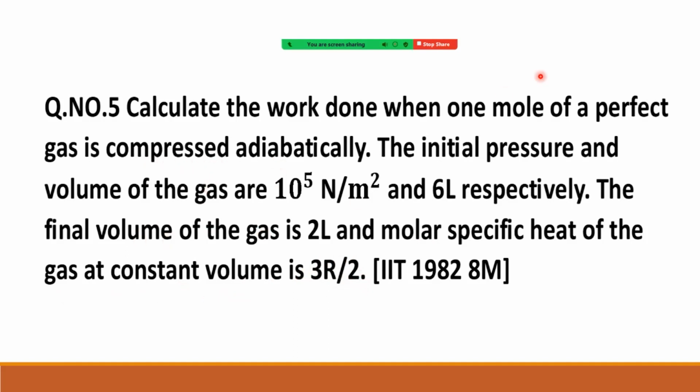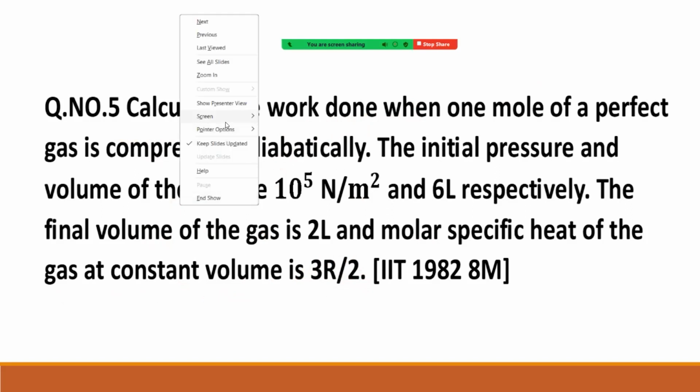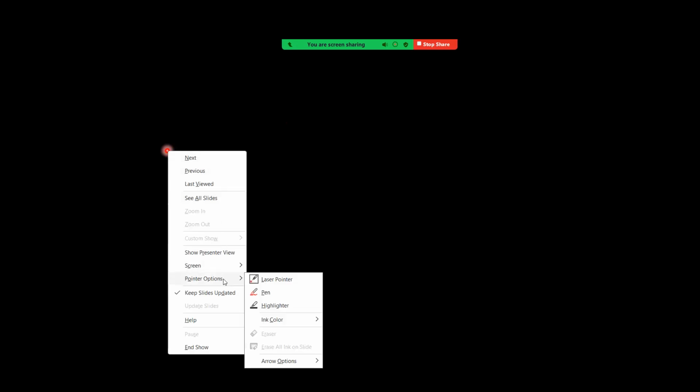So we have to find work done. Compression means work done will be negative, right? Okay, first see how to start the problem. First write down the given data. We have to calculate work done. It is given that the process is adiabatic.